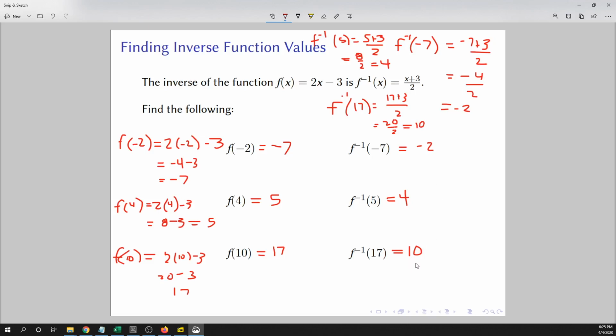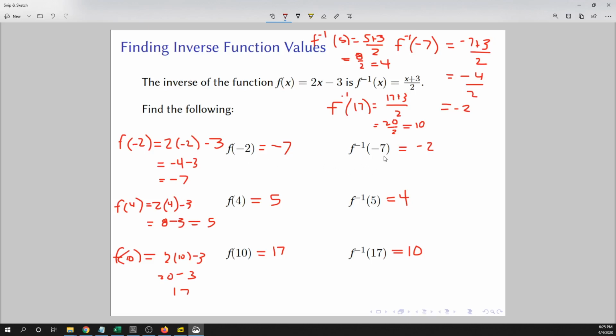So this is the relationship between a function and its inverse. If I take any number in a function's domain and plug it in, I'll get some output, as long as the function has an inverse. If I take that output and plug it into the inverse, it's going to give me that input back. It also works the other way.